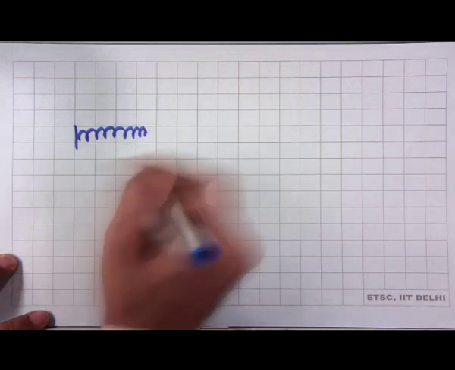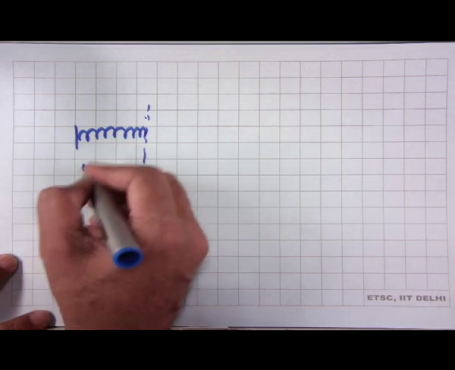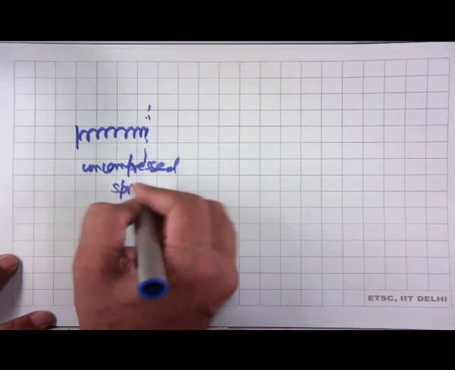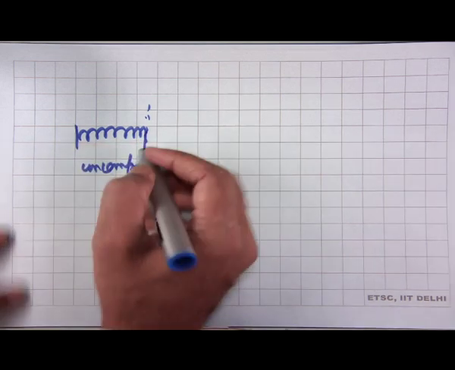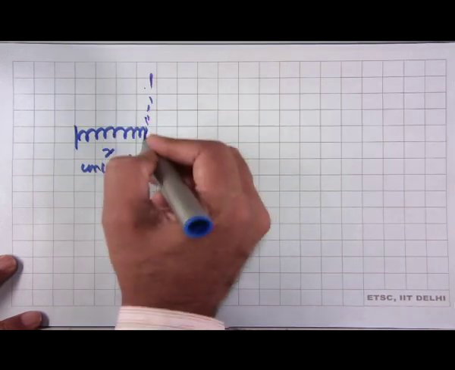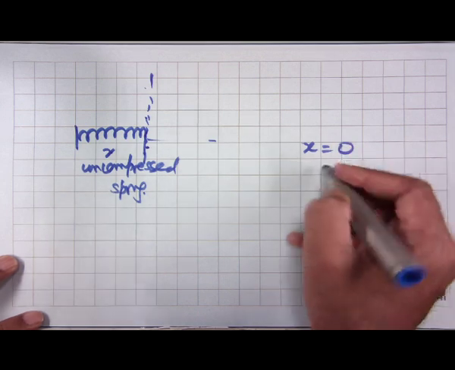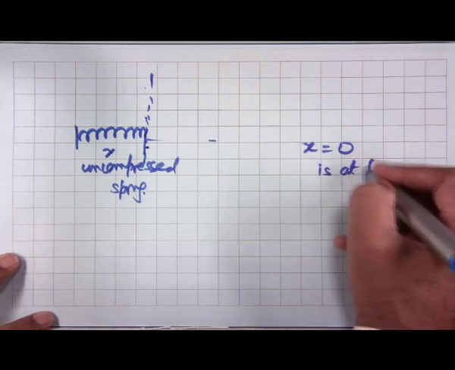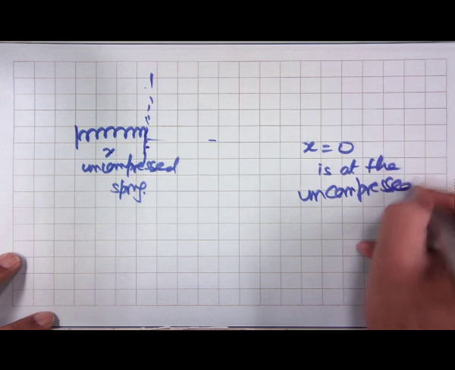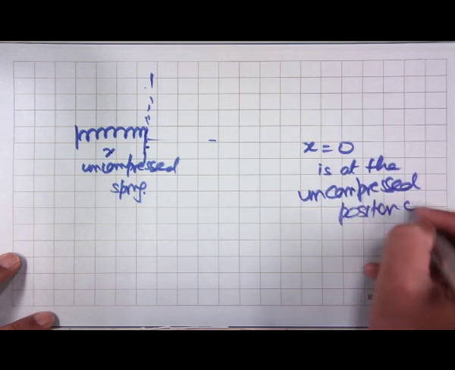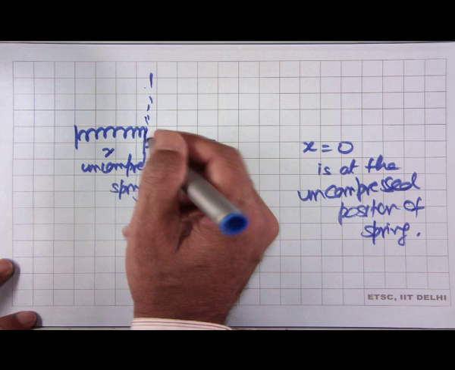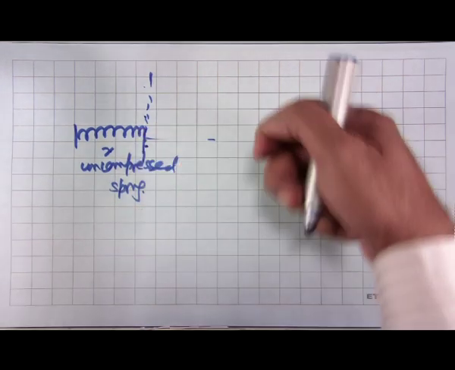So, this is an uncompressed spring, and the position when it is uncompressed, that is where we define our x axis, at the uncompressed position of the spring.